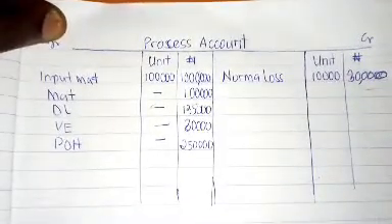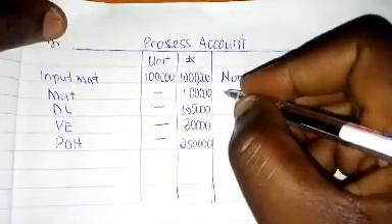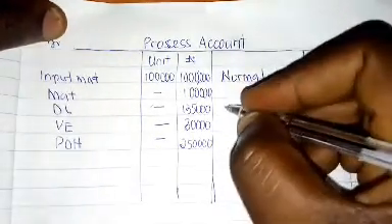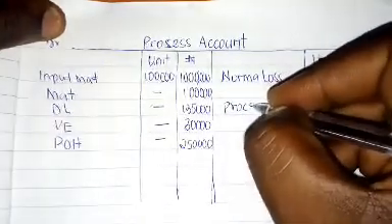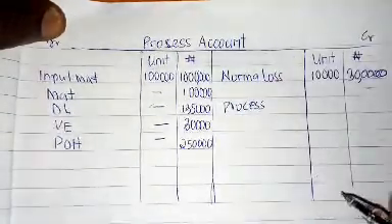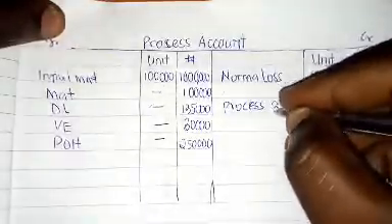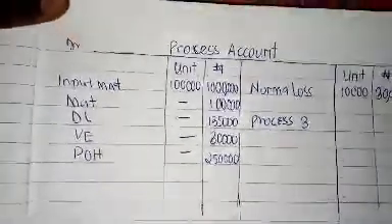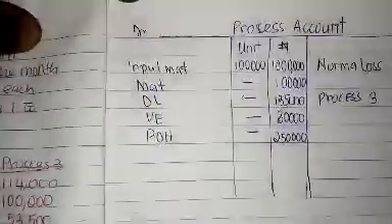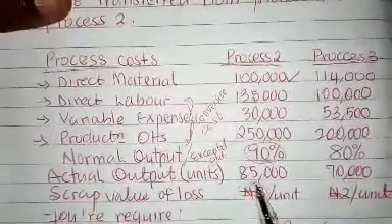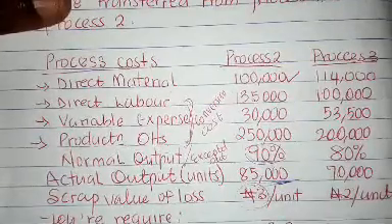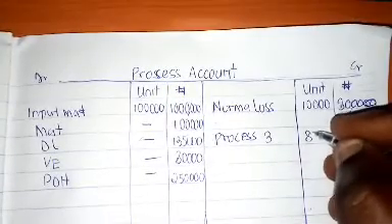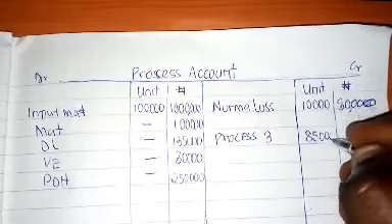Then the units transferred to process 3. How many units were transferred to process 3? From the question, we are told that 85,000 units were actually transferred to process 3.